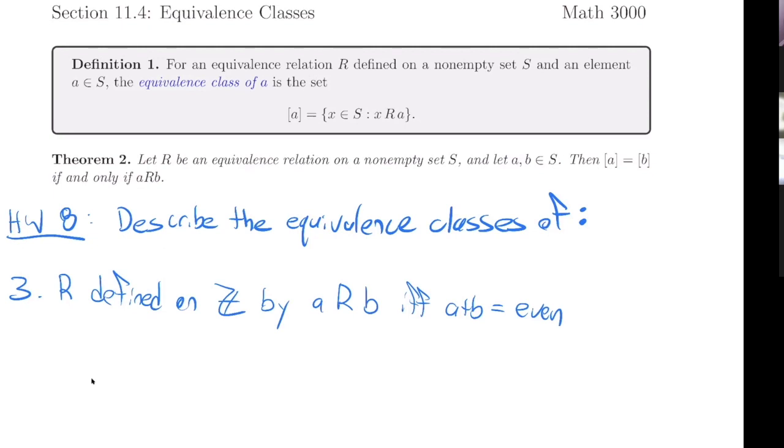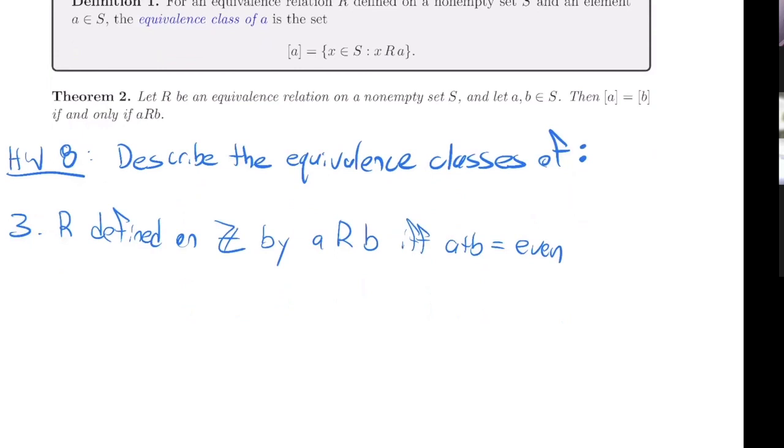We have some relation, R, which is defined on some set S. And the equivalence class of some element A, which is in set S, would just be all of the elements in the set that it is related to by this relation R. And I'll just say, because equivalence relations are symmetric, it doesn't matter really where we put the X and the A over here.